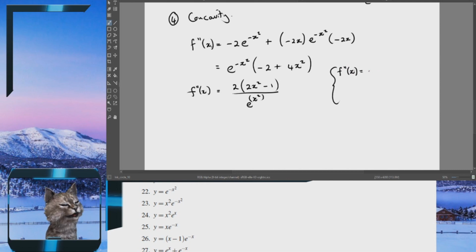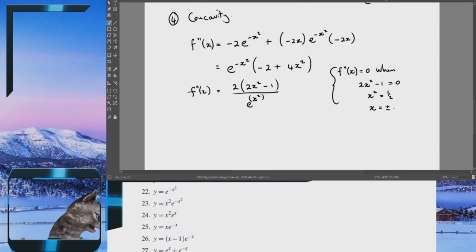When is the second derivative equal to 0? Well, it's going to be when 2x squared minus 1 is equal to 0. So that means x squared is equal to a half. So that means x is equal to plus or minus 1 over root 2. Oh, my bracket is way too short, isn't it?